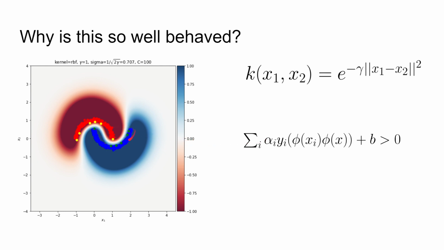The sum is over the green and yellow dots, because those are the only ones for whom alpha is non-zero. So I compute all the features for the yellow dots and the green dots. That's these. And then I do the dot product with my new data point. I compute its features, do that dot product, do this weighted sum, add b, and that result gives me the color that I'm plotting here on this axis.